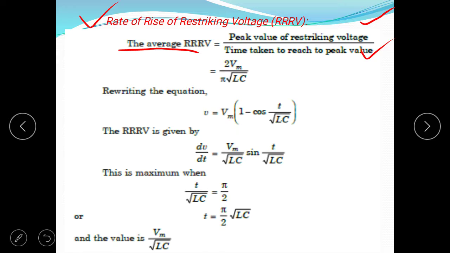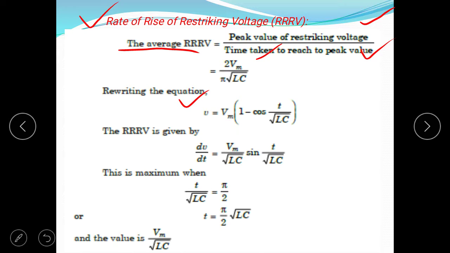Simply, the peak value of restriking voltage is Vm, and the time taken to reach the peak value is pi under root LC upon 2. So it is 2Vm upon pi under root LC.